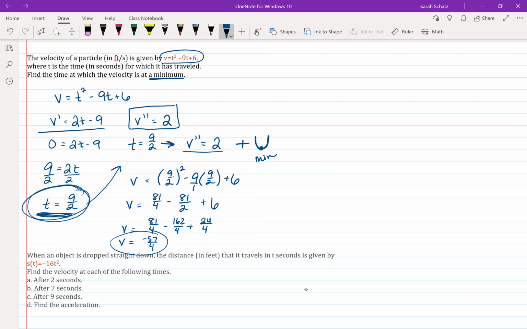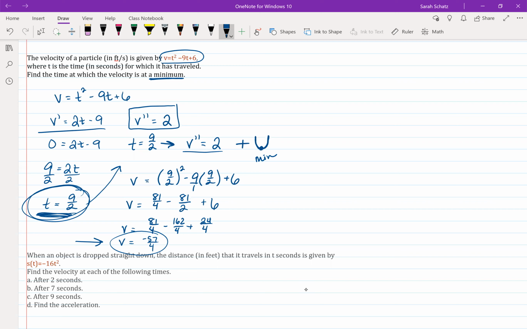Which seems weird, but that's okay. I don't actually think you have to find this value, but just in case, and it's good practice for other ones. I feel like velocity being negative is odd. Because velocity is speed.